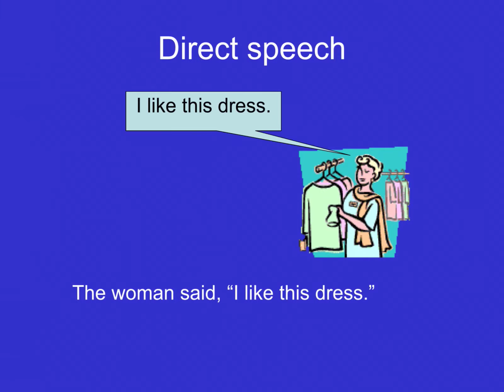A comma is used to separate your words to tell us who said what. Then you put opening speech marks, and you start with your capital letter there. I like this dress. Full stop. Then you put the closing quotation marks or the closing speech marks.